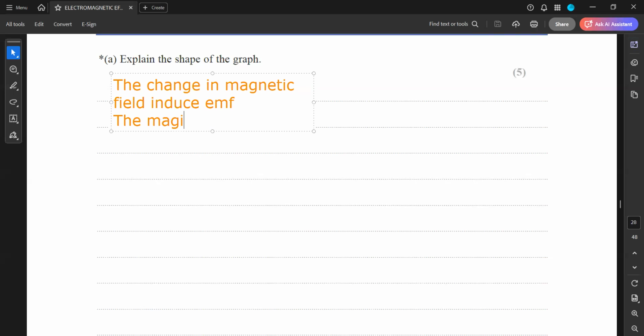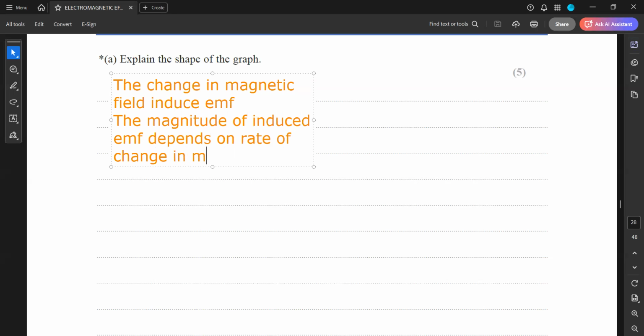The magnitude of the induced EMF depends on the rate of change in magnetic flux linkage.